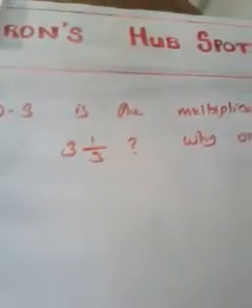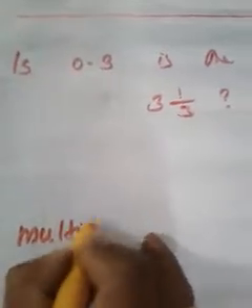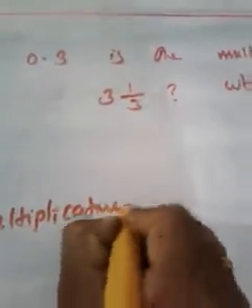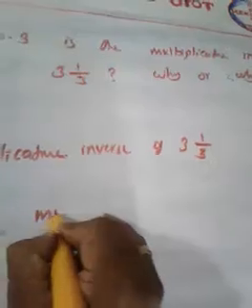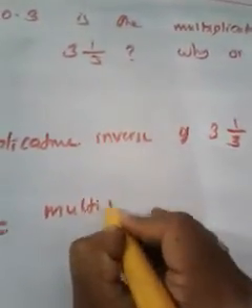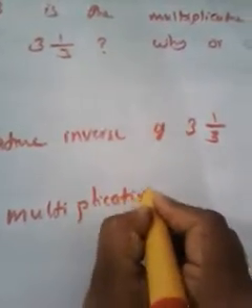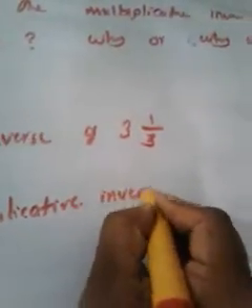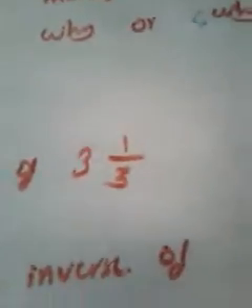So we have to find the multiplicative inverse of 3 1 by 3, and check whether it is 0.3 or not. Let us calculate the multiplicative inverse of 3 1 by 3. The multiplicative inverse is nothing but the reciprocal. 3 1 by 3 is a mixed fraction, so I have to make it a proper fraction.